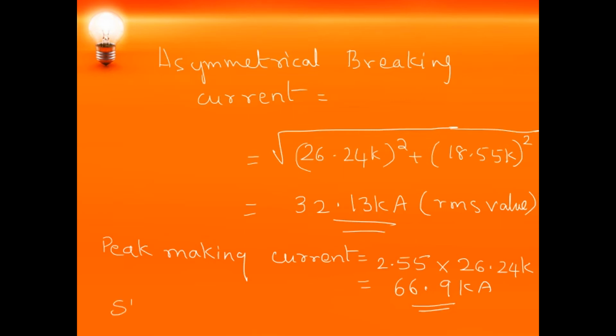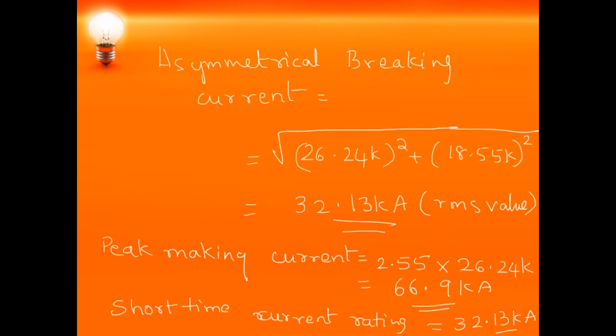And the last one is the short time current rating. The short time current rating is the asymmetrical breaking current, which is 32.13 kiloamps.